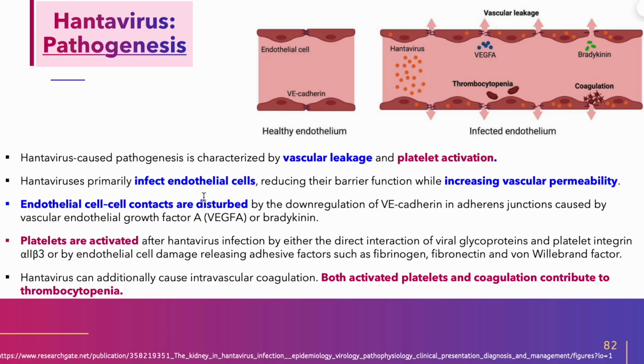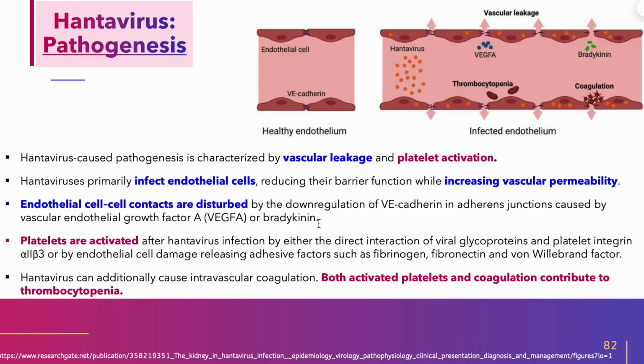Hantavirus infects endothelial cells and increases vascular permeability by disturbing the cell-to-cell contacts of a protein named cadherin, a connective protein that adheres the junctions of vascular endothelial cells, through VEGF-A and bradykinin.